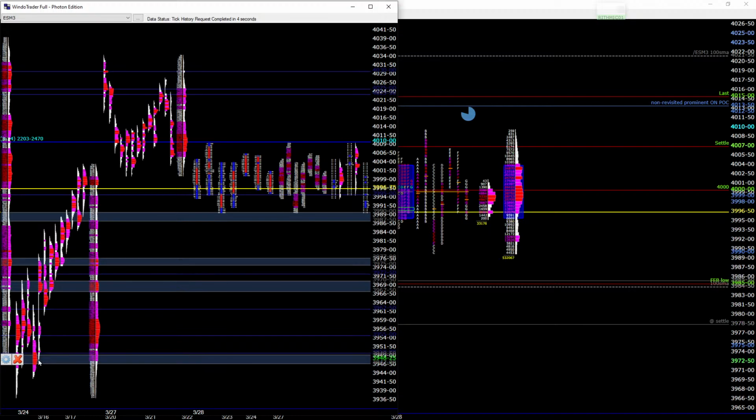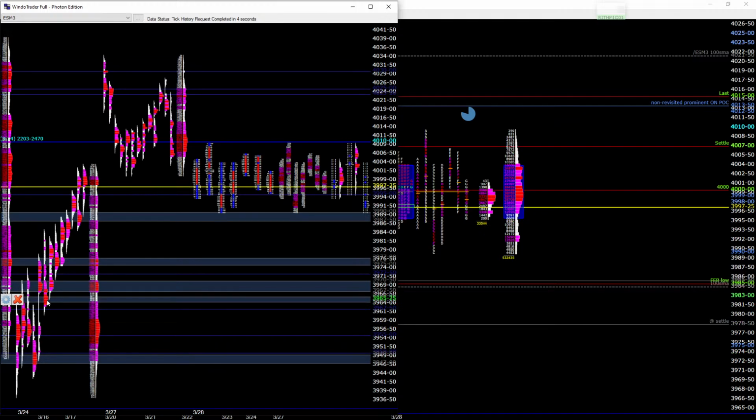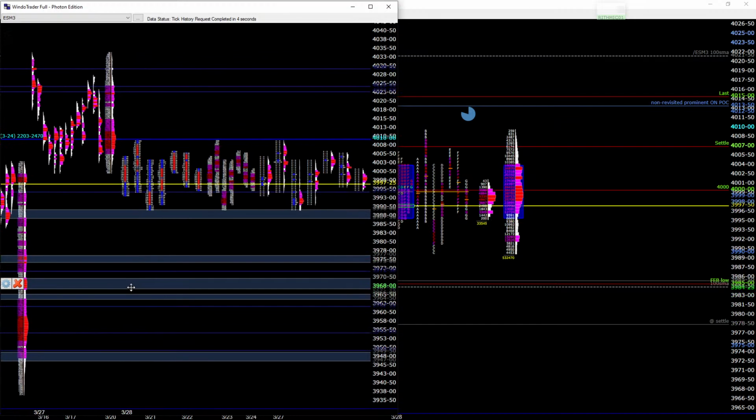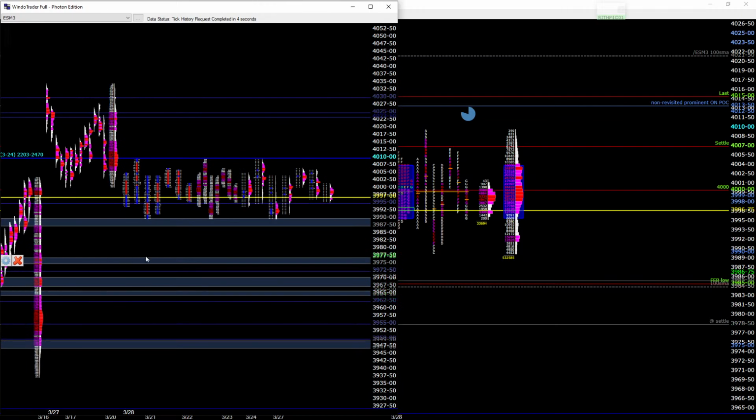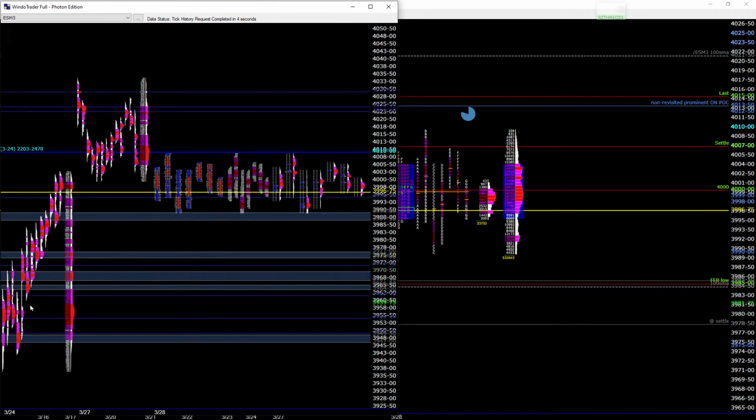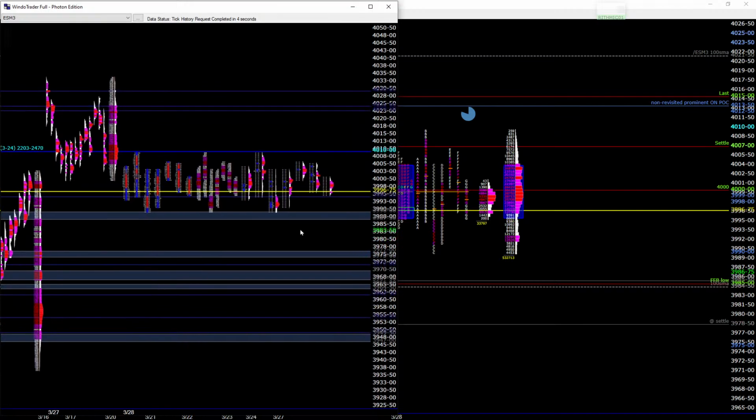You can see selling dries here, and here as well. I saw that as a potential, and these multiple lows also. But the market didn't have continuation here. It could even take this one.